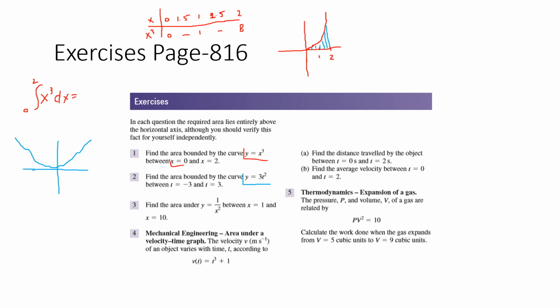So 1, 2 and 3, and minus 3 because on the left side, and 1, 2 and 3 here. Here it is touching 0 actually.